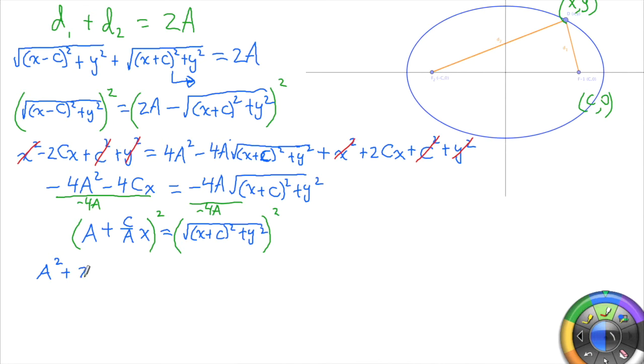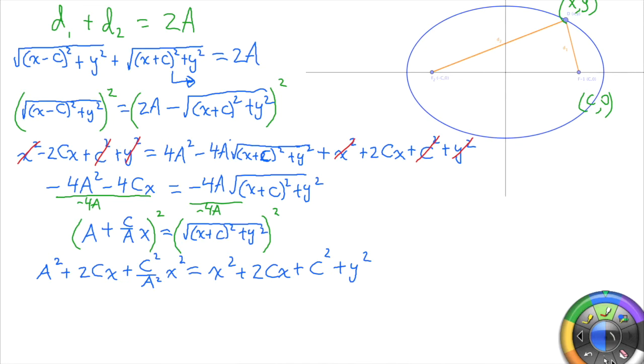So this will give us 2cx. And then we've got to square the last term, so that's going to be c squared over a squared x squared is equal to, and expand out the other side, we're going to have x squared plus 2cx plus c squared, expanding the x plus c all squared out, plus that y squared.